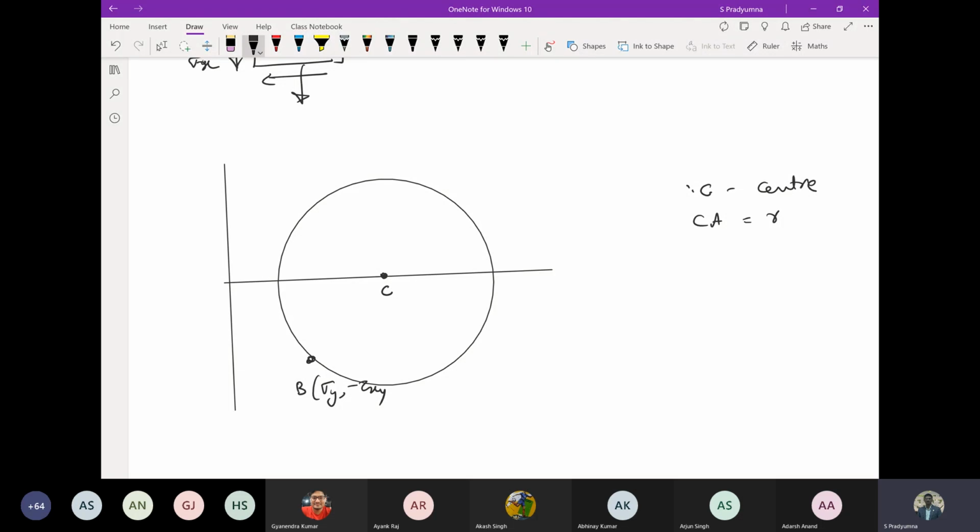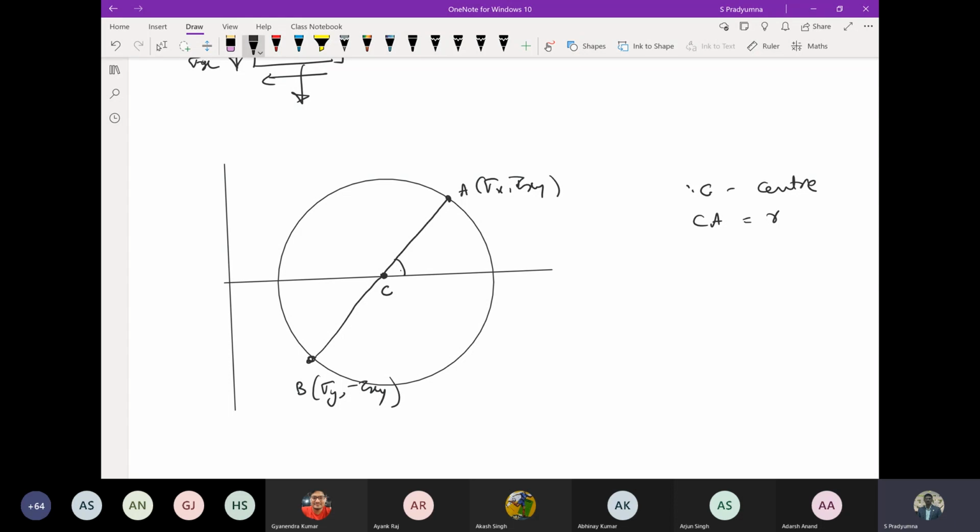This is point B, and I am redrawing point A, sigma x comma tau xy. So this is the radial line I am talking about. Now we have plotted sigma x, tau xy, and sigma y, minus tau xy. The coordinates are now known to us.